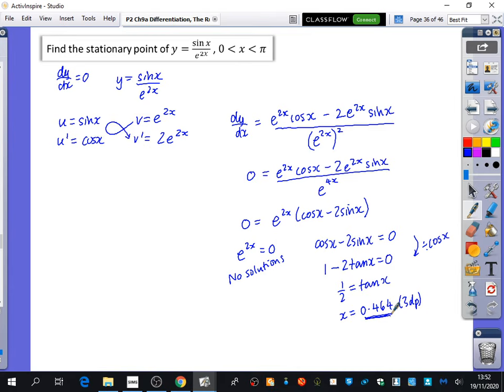And I also want to find out what the y value is. So I'm going to do the sine of 0.464 divided by e to the power of 2 times 0.464.